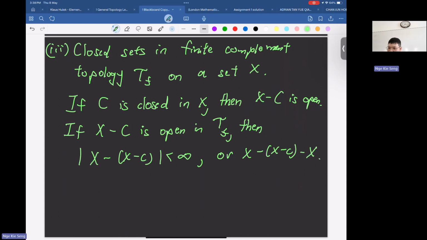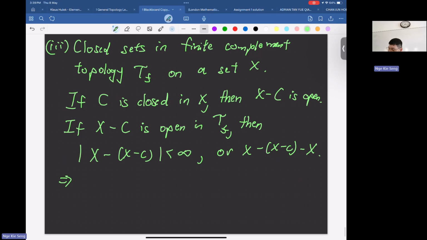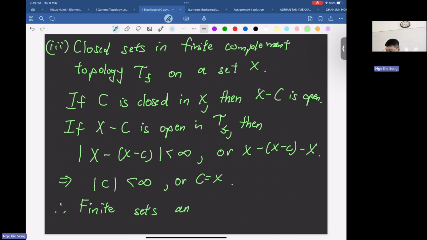Remember last time we included this so that we can include the empty set in our topology. But this implies that our closed set must be either finite or the whole space. So this proves that a closed set in the finite complement topology is either a finite set or the whole space.